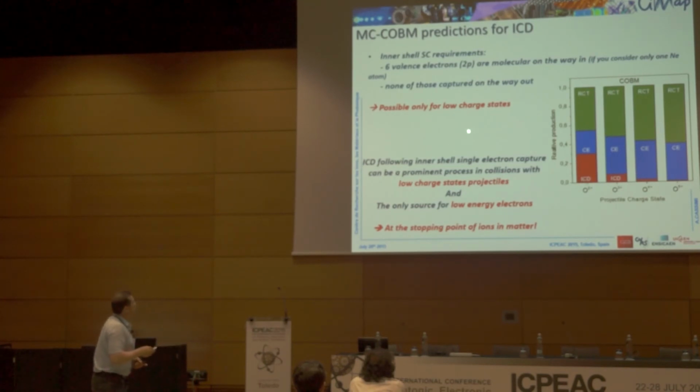So what you should remember is that, surprisingly, even if you think it's difficult to capture a 2s without capturing any other electron, it's possible. To have this process, you need really to go to low charge states, which have very small cross-sections, well, the capture radius is very small, so you can do that.